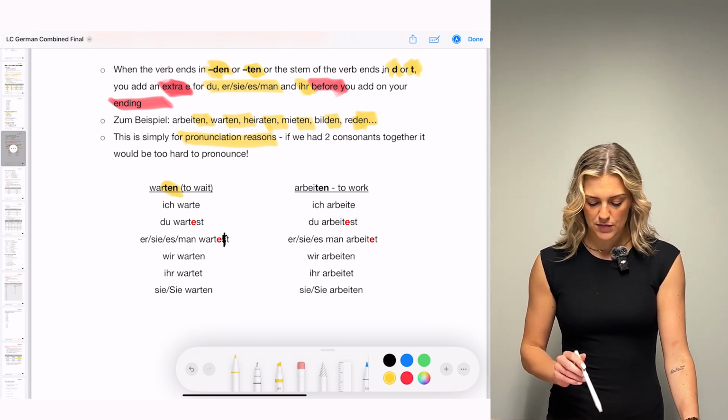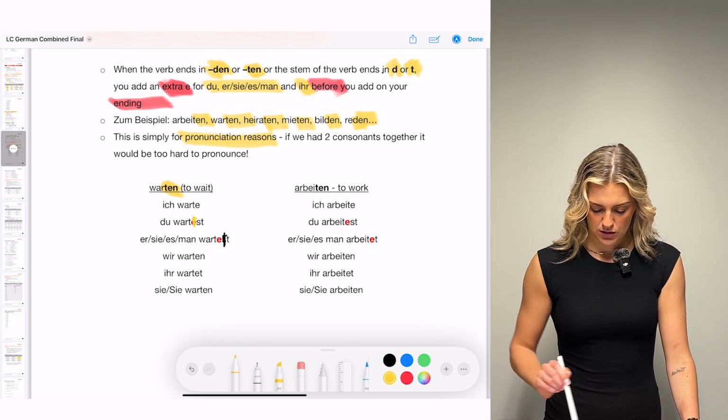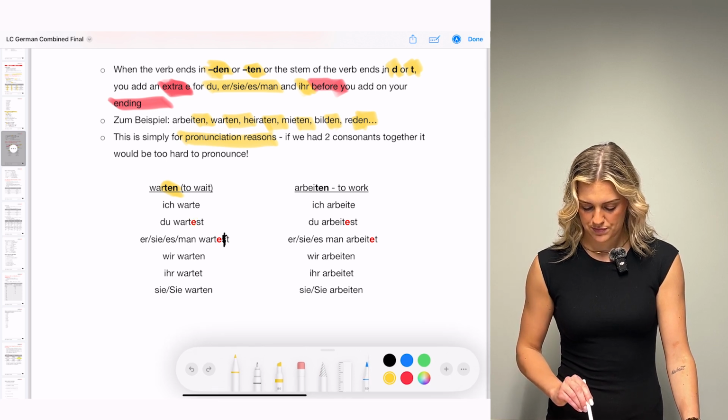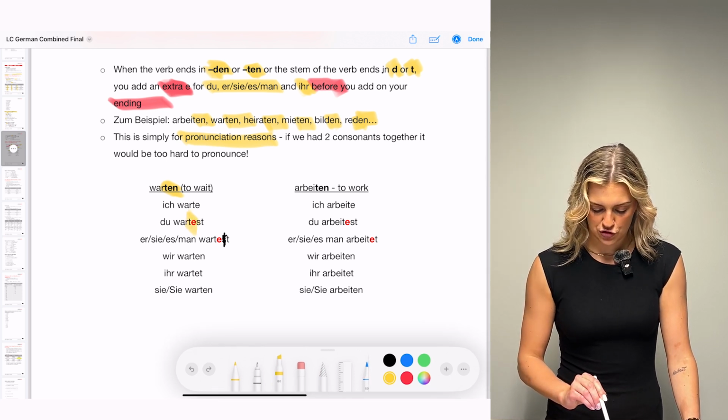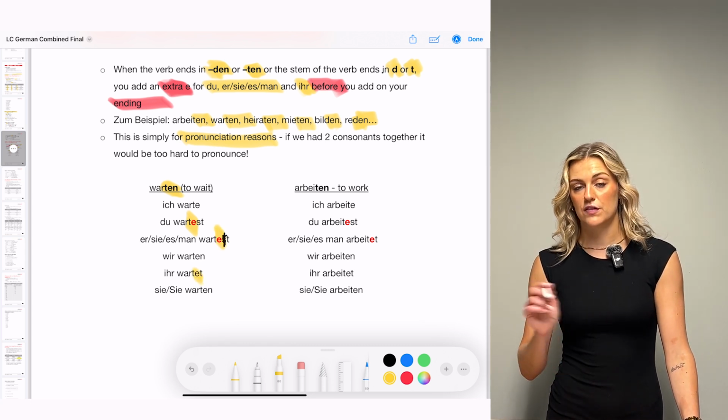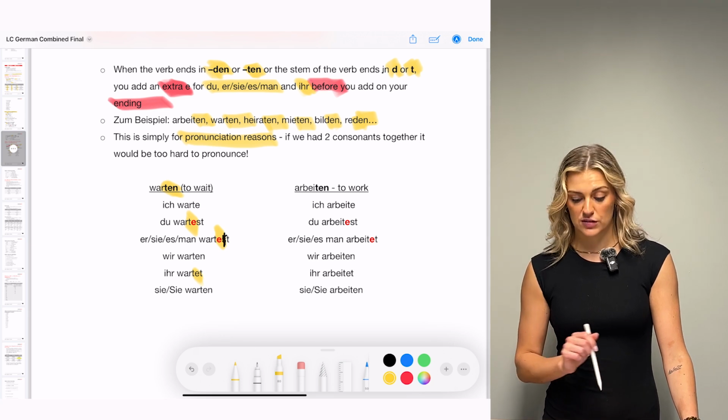So you can see here, for du, okay, for sie, es, man, and for ihr, I have an extra e between the verb and the ending. That is simply for pronunciation reasons.